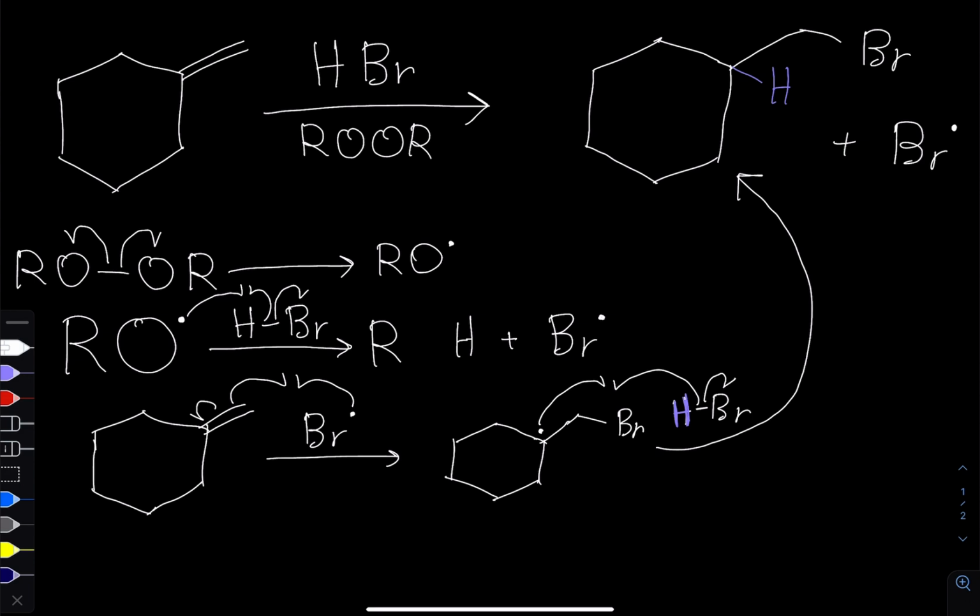And at the end, there has to be a termination of this. So this bromine radical can react with anything, let's say another bromine radical. This would contribute an electron and this would contribute an electron, and they would form bromine. Or it can react with any other thing.